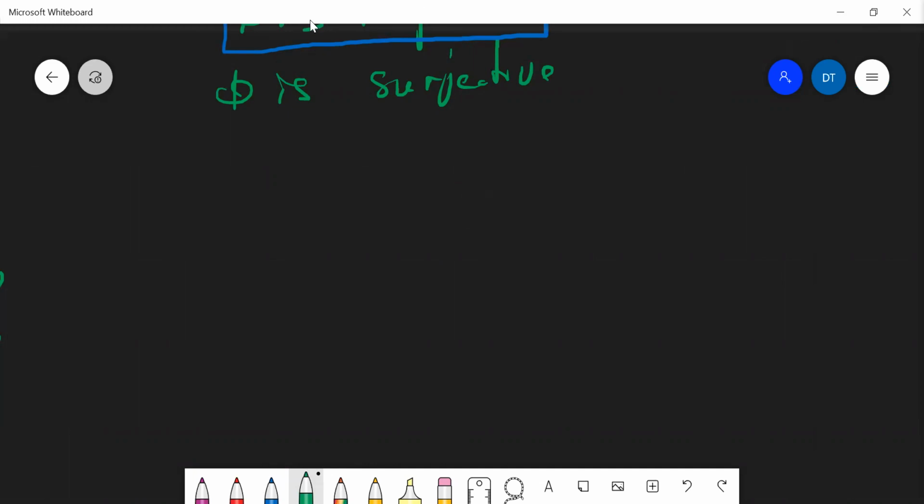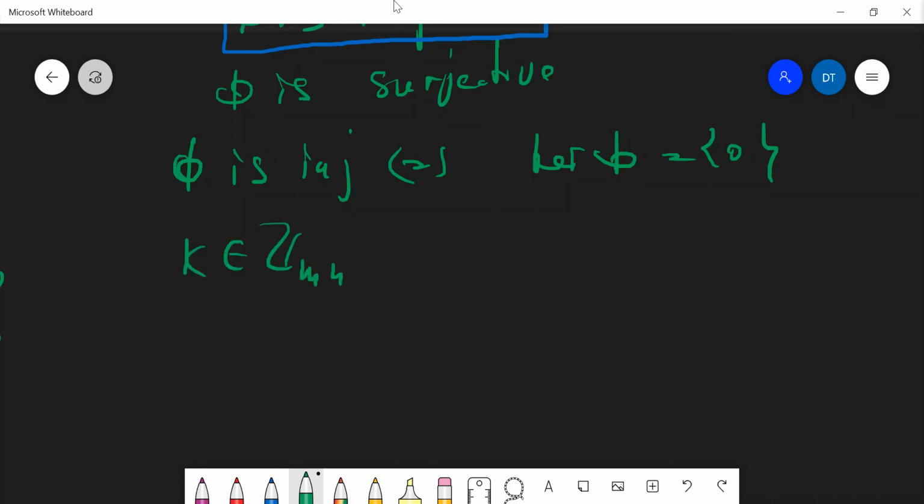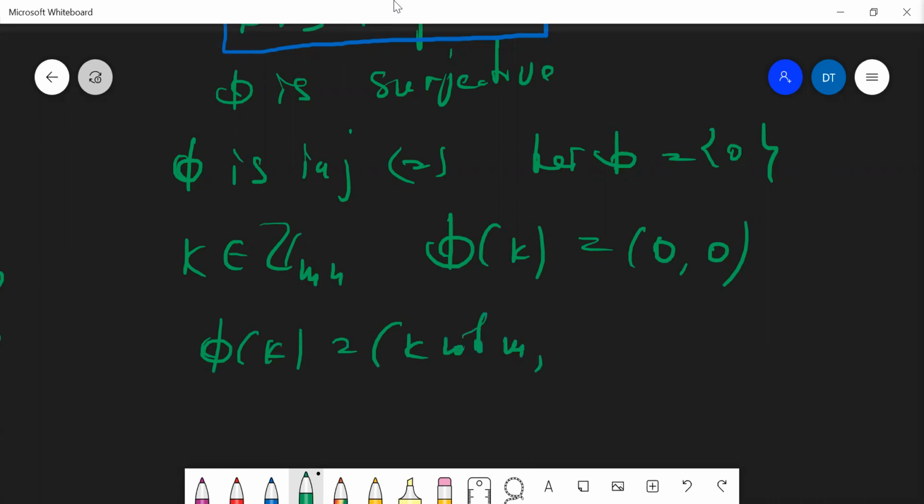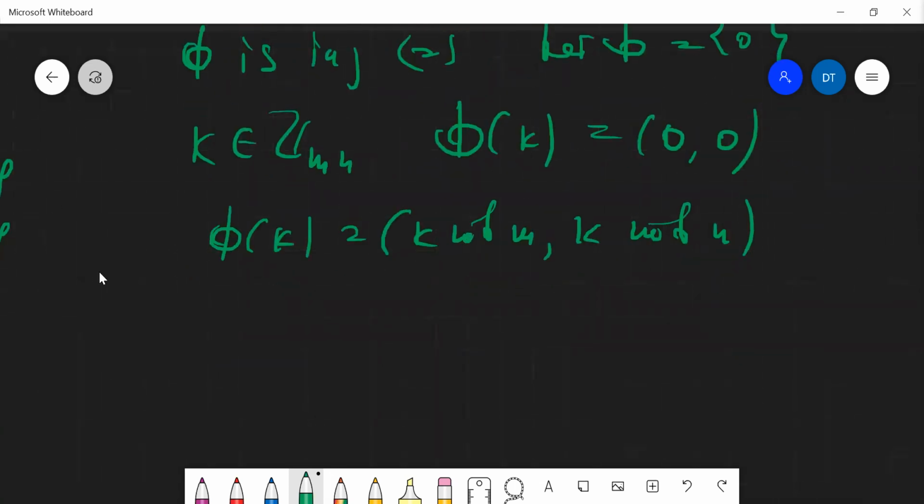We know that phi is injective if and only if the kernel of phi consists of the neutral element only. So let's take an arbitrary k from Z_mn and solve this equation. Phi of k, by definition, is (k modulo m, k modulo n), and we want it to be 0.